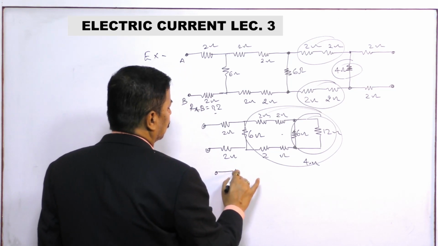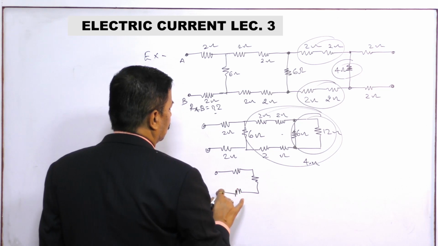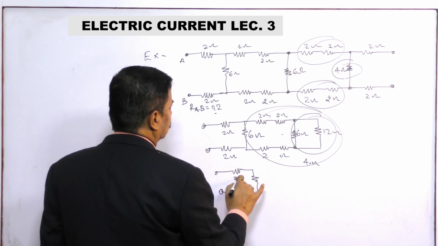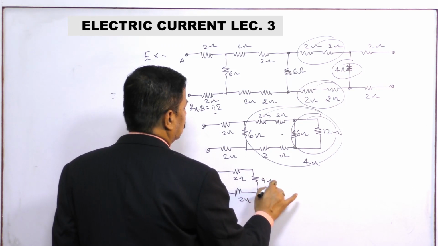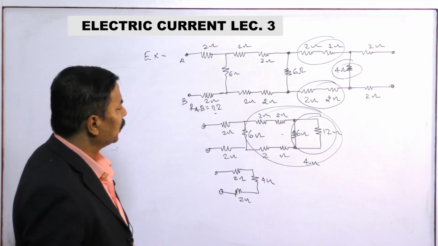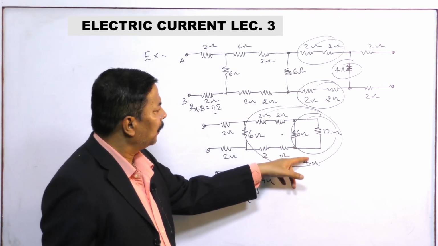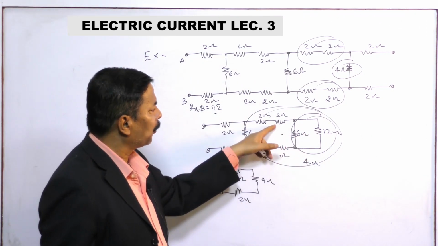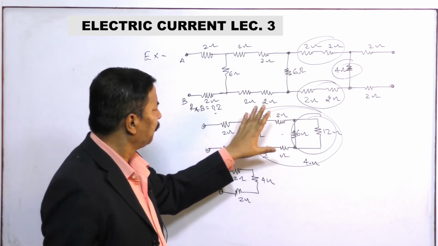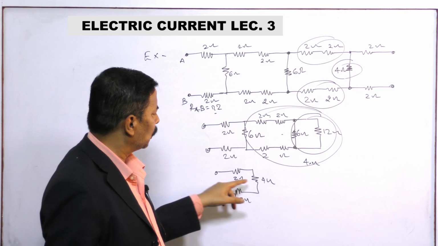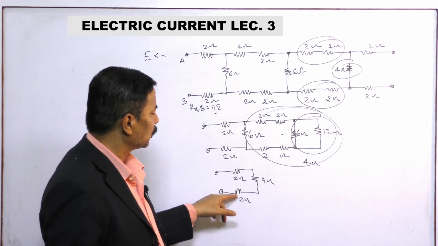So this is your 4 ohm. 12 and 6, 4, 4, 4, 4. 12 and 6, again this network is 4, 4, 2 and 2, 4, 2 and 2, 4, 2, 6, 4, 2, 6, 2, 8.